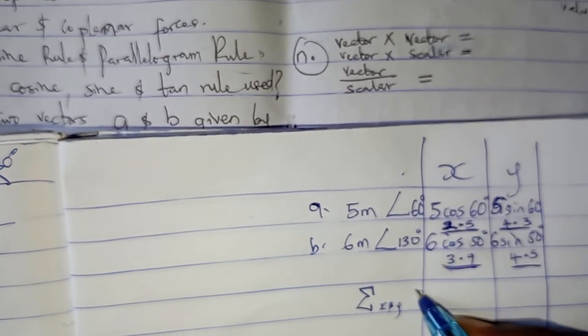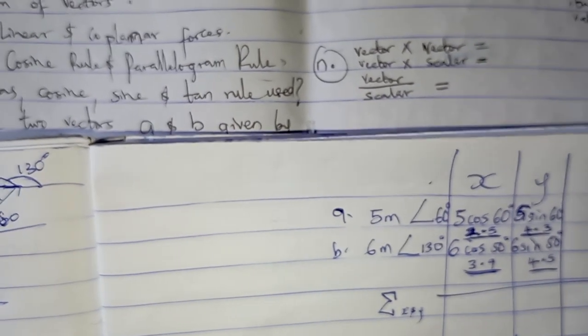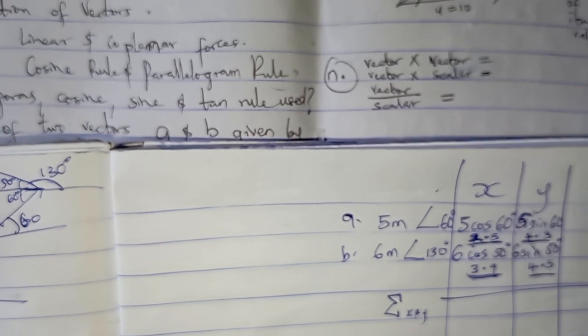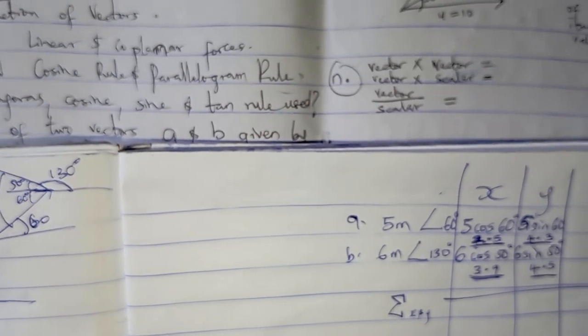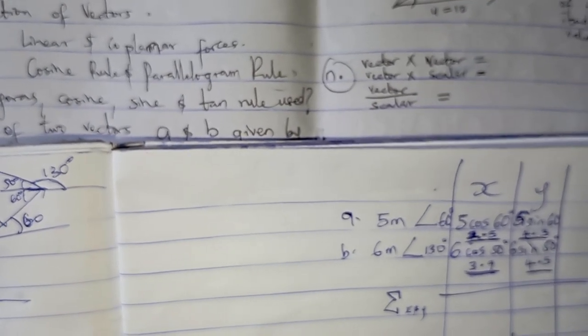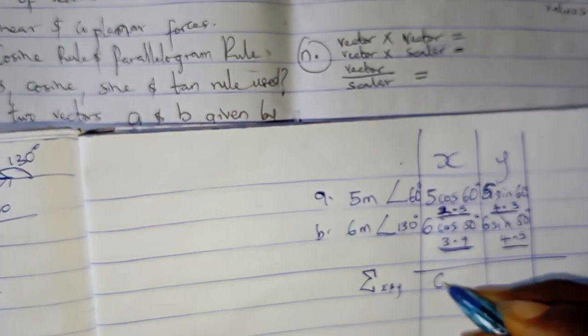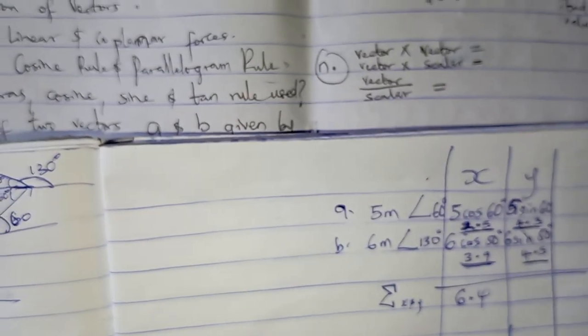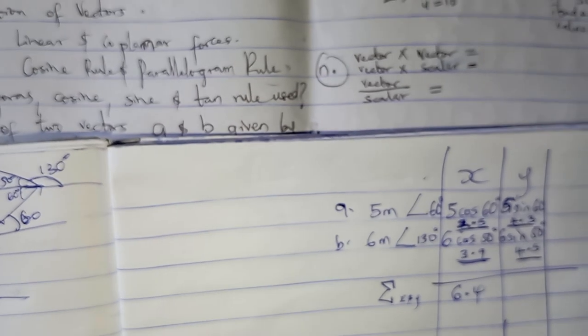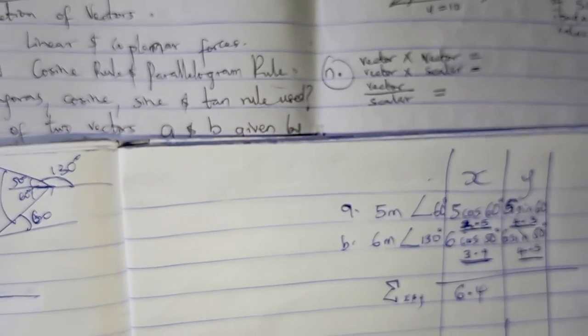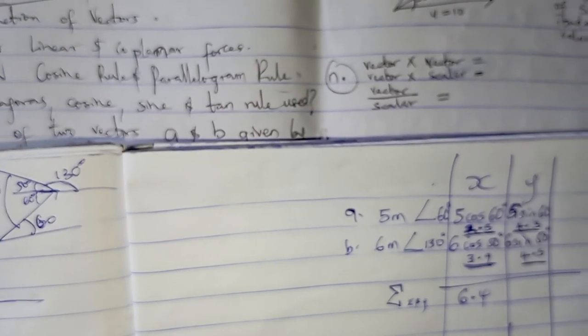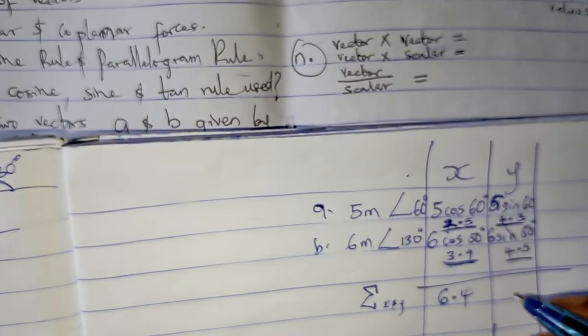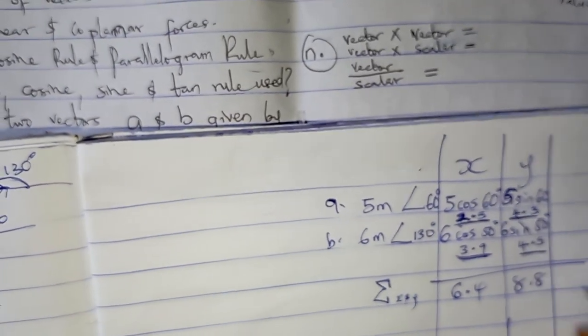To sum it up, for X we have 2.5 plus 3.9, which is the same thing as saying 6.4. Then the other one we have 4.5 plus 4.3, which is 8.8.